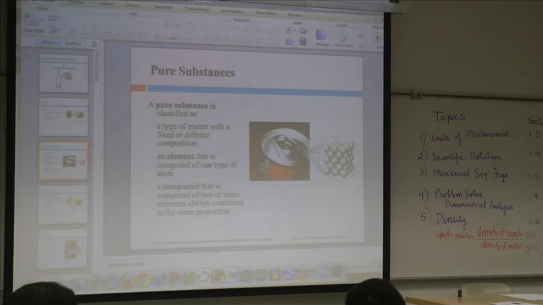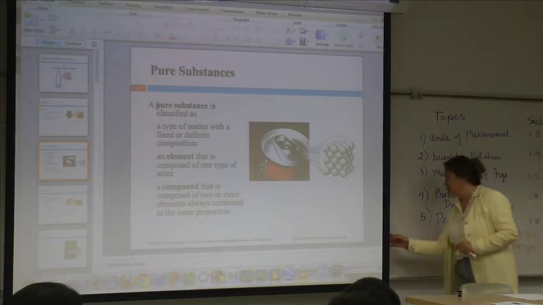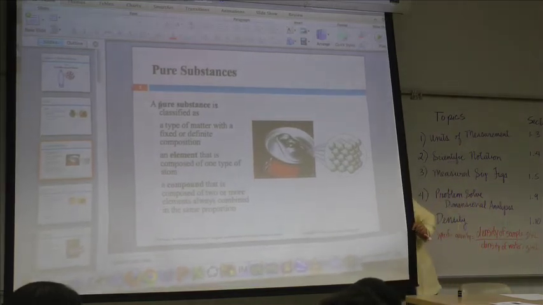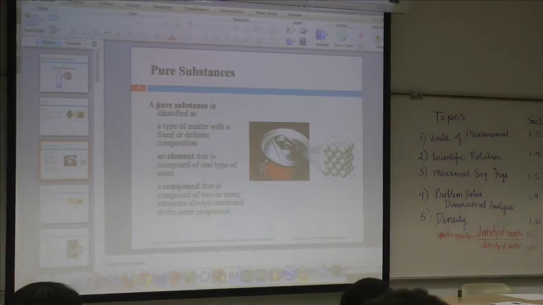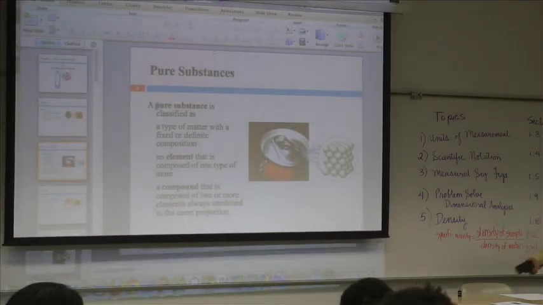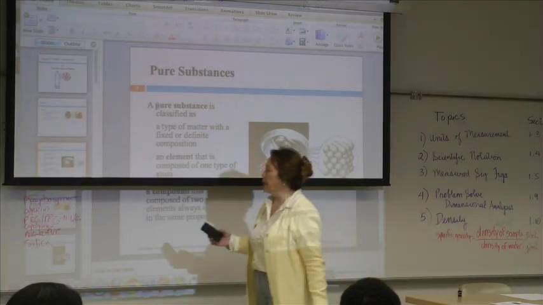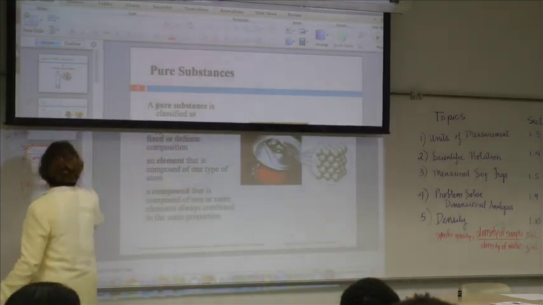Or we could have matter in the form of pure substances. I have a concept chart a little bit later. So you want to know what the difference is between a pure substance and a mixture. So when we open a can of Coke, what do you think?